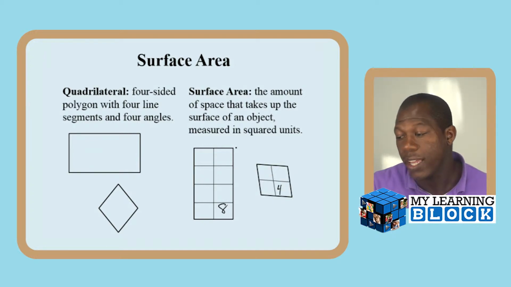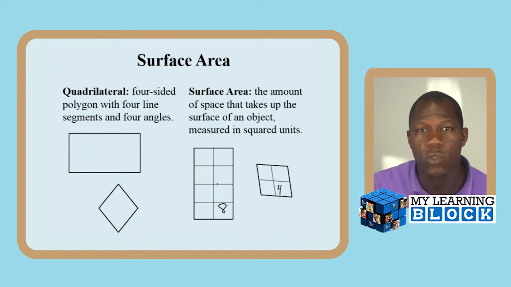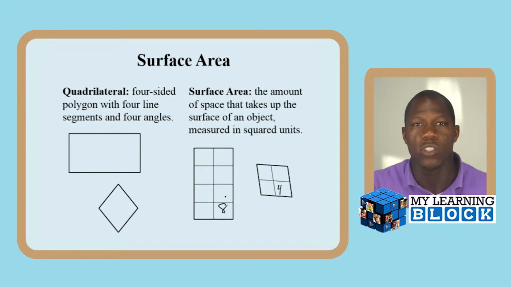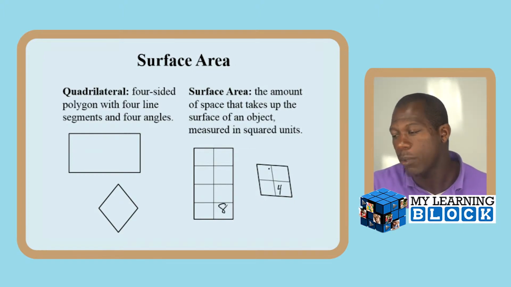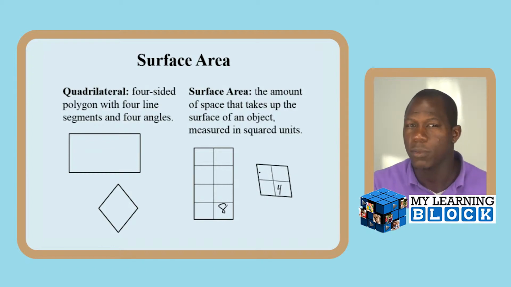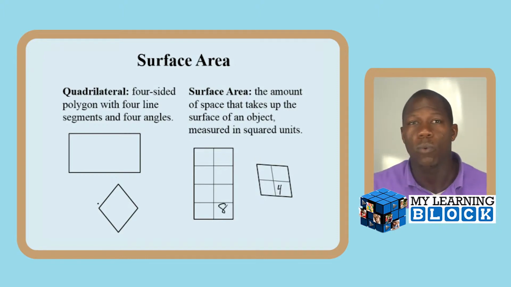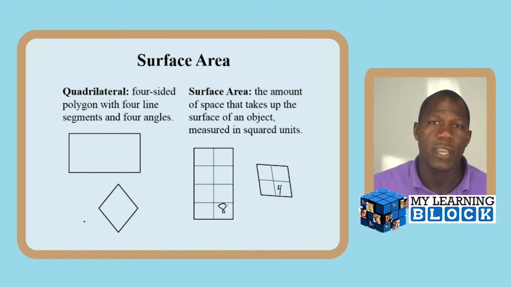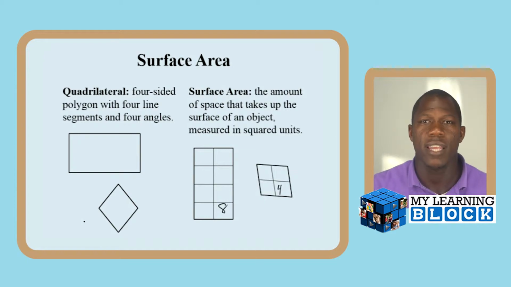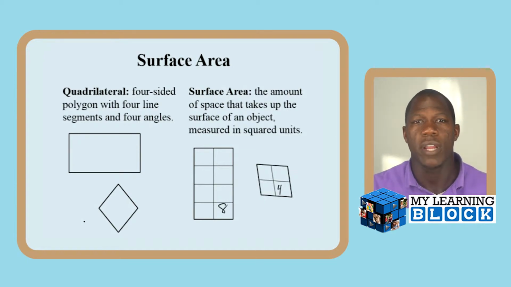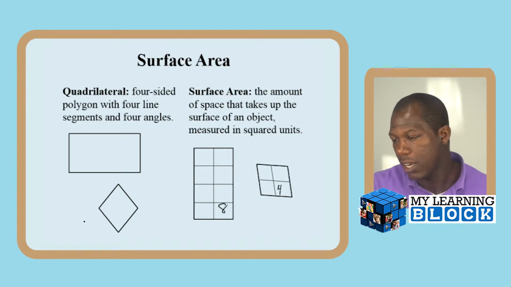So this rectangle, the surface area would be 8 square units, whatever the squares measure, and the rhombus would be 4 square units. Rhombuses are a little different because of the angles, but it still takes up 4 square units. When you're working with your child on this, you want to make sure that they understand that when you're focusing on area, you're focusing on what's within, on the inside of an object.